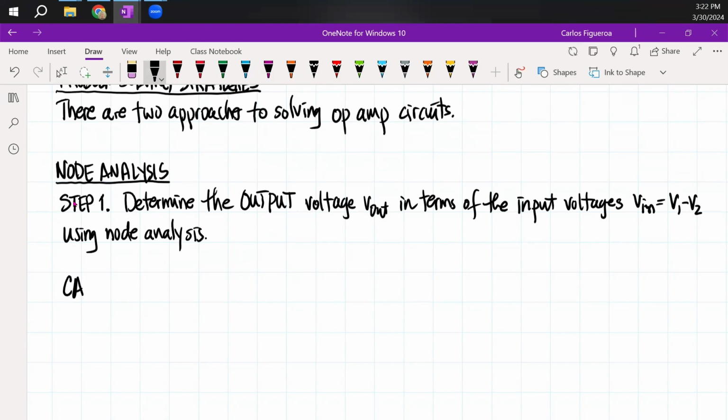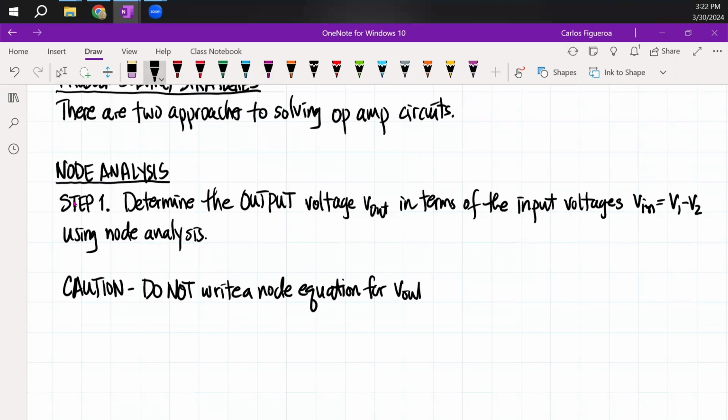So I'm going to say caution here. The caution says, do not write a node equation for V out. So this is pretty important.